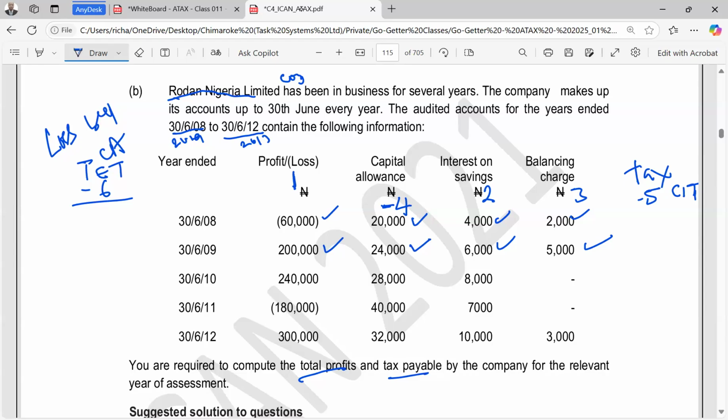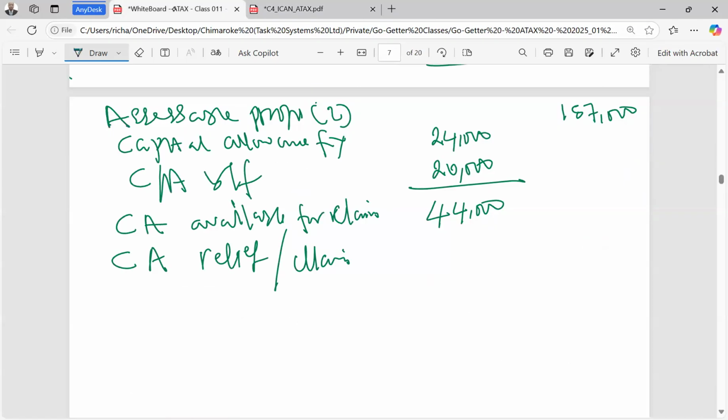Every other business, there will be a restriction. And this is every other business. So let's see what the restriction is. The restriction is your capital allowance to be claimed must not be more than 2/3 of accessible profit 2.